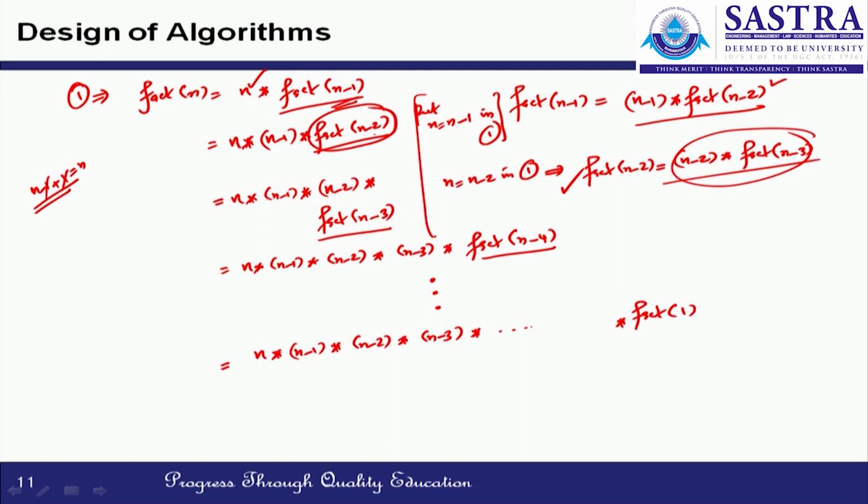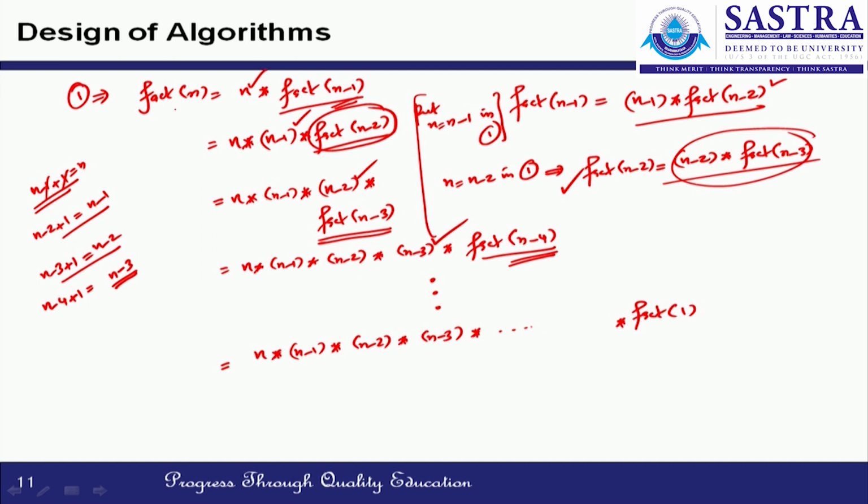If we write fact of n minus 2 at the end, the previous term is n minus 2 plus 1 is equal to n minus 1 here. If the last term is fact of n minus 3, n minus 3 plus 1 is equal to n minus 2 here. If the last term is fact of n minus 4, adding 1 to that, we have n minus 4 plus 1 is equal to n minus 3.